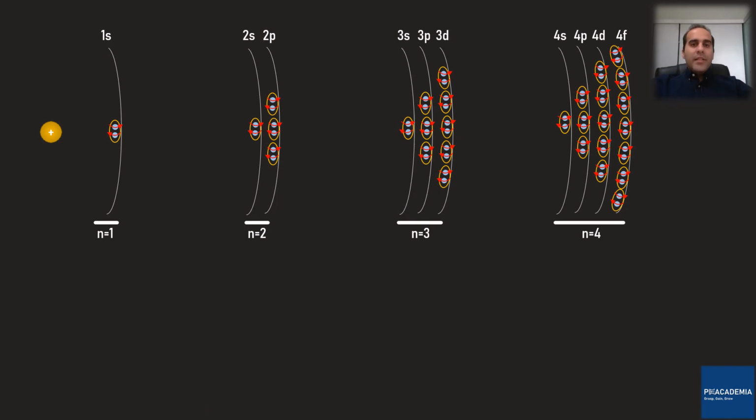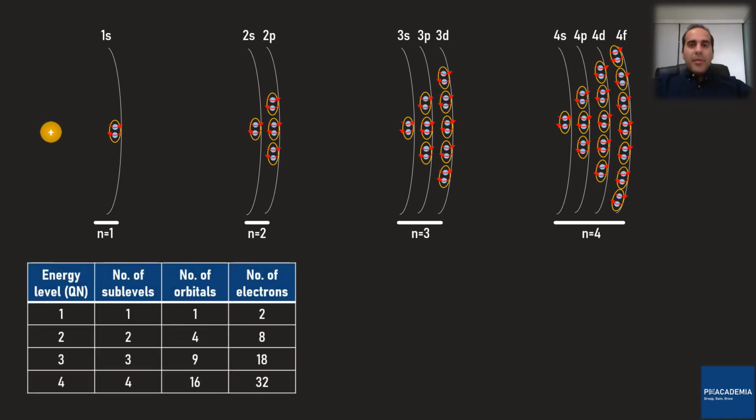Again, we can see the atom structure, the energy level, sublevels, orbitals, and electrons. This table summarizes some of the concepts I talked about in this lecture. This table shows the energy level, the number of sublevels, orbitals, and electrons in each energy level.